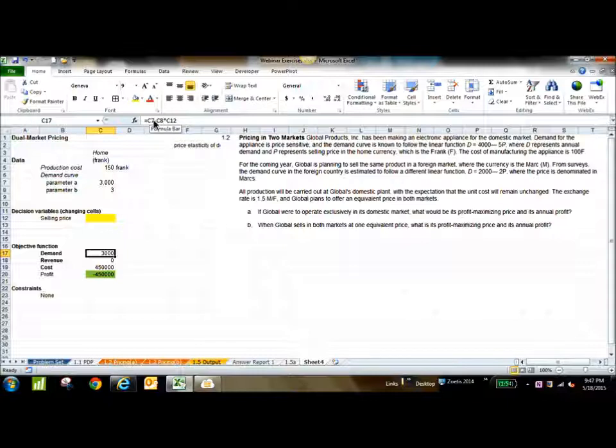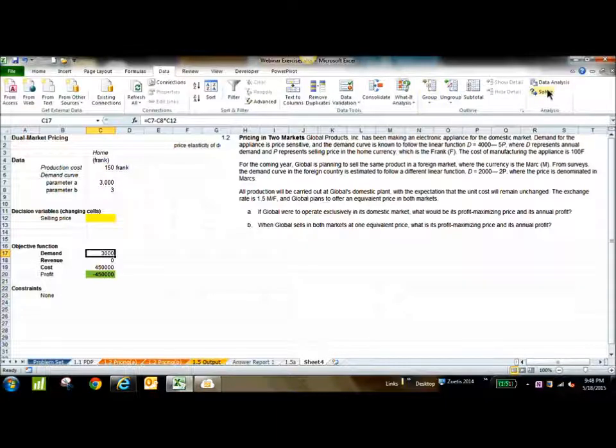I make sure I write it down here as a parameter A, parameter B, and then I refer to these whenever I need. So I do C7 minus C8 times P, where P represents selling price, right here. It doesn't have to have a populated number here before I can refer to it. I can refer to it anytime. And then let the solver do the work.